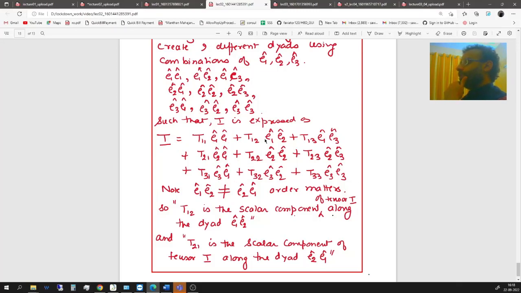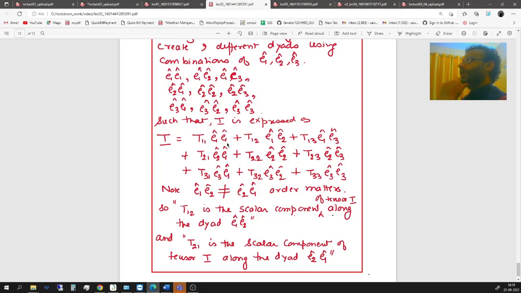First of all, you see these 9 dyads appearing, and each dyad is coming with a coefficient, which is a scalar, and I'm representing that as t, same alphabet but no underbar, because that's right now on the right hand side. These t's are scalar components, and they take 2 indices which match with the dyad with which this whole term is standing.